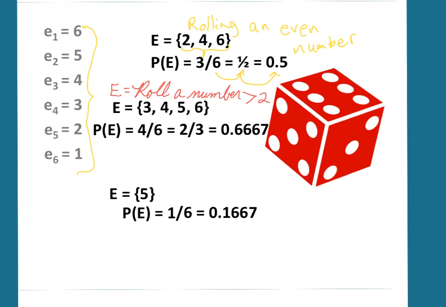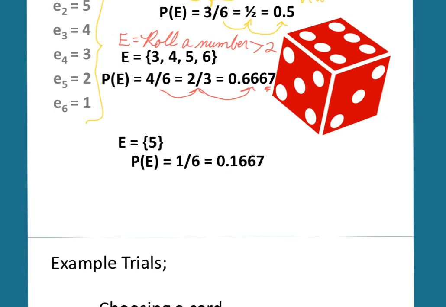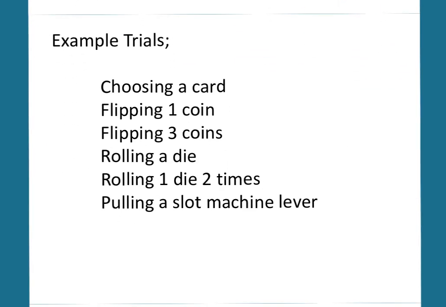So we have 4 over 6, which can reduce to 2 over 3, or it can be expressed as a decimal. Okay? It's going to be 0.666, repeating forever. At some point, you have to round. Okay, and then we have the event that you roll just a 5. And the probability of that is, of course, 1 over 6, or 0.166, repeating forever.